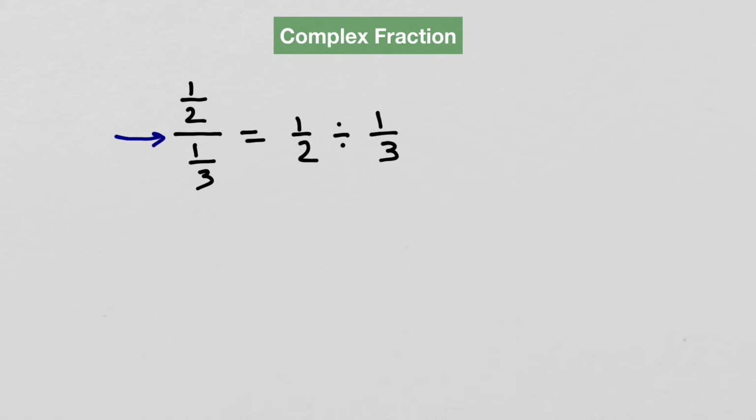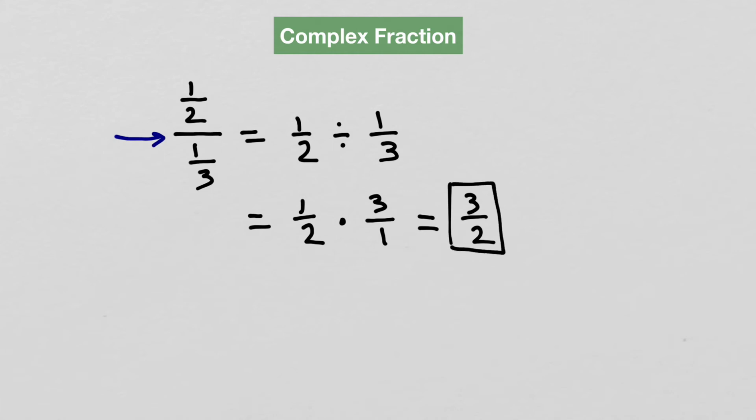Then you're going to take 1/2 and you're going to multiply by the reciprocal. Okay, so 1/3 gets flipped around and now it becomes 3 over 1 when you multiply it. And then the answer is you just multiply across the numerator and then across the denominator. So you get 3 halves.